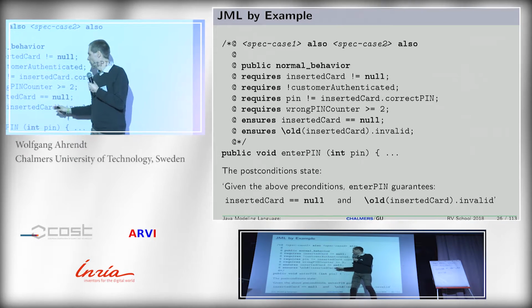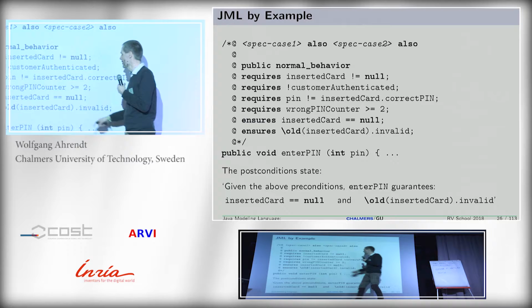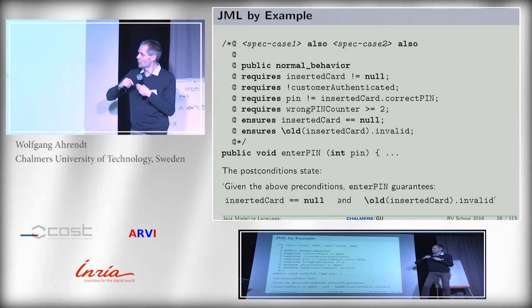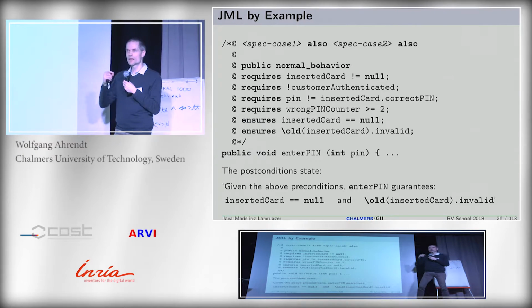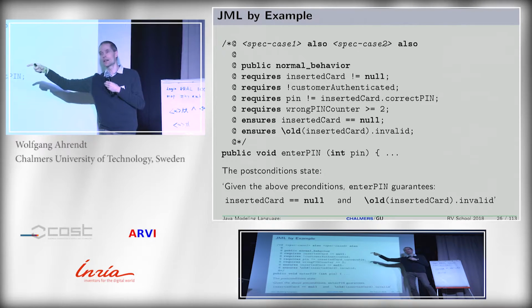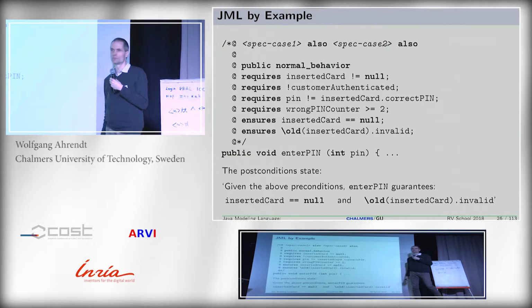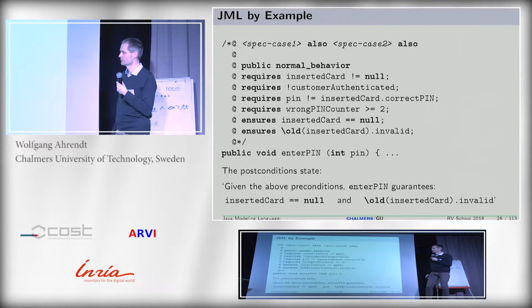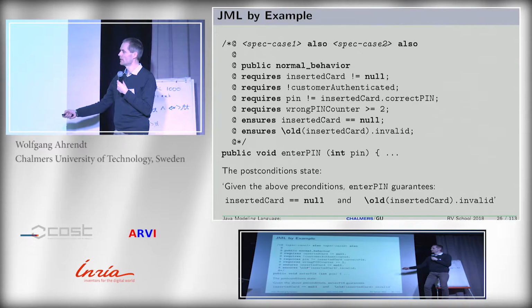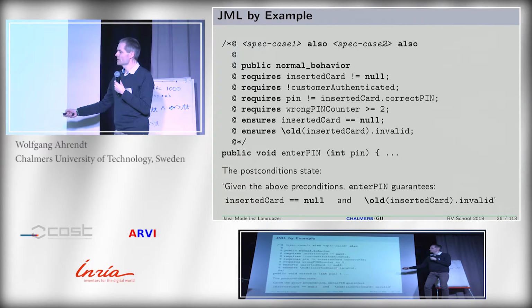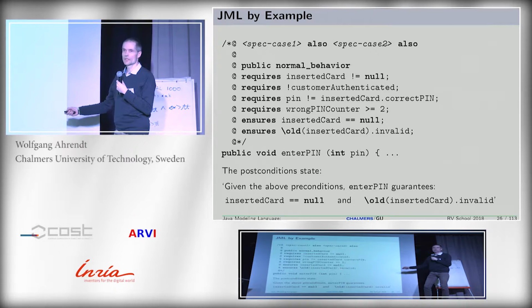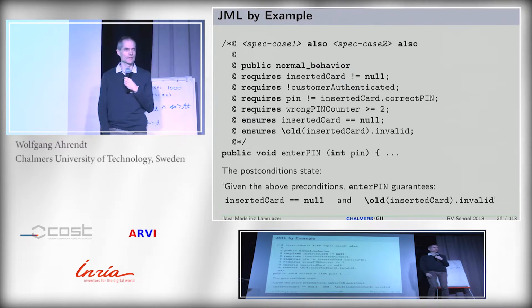So we say that the inserted card, which was linked before, that the invalid field of that card has to be true. Right? You see here I'm mixing evaluation in the pre-state with evaluation in the post-state in one expression. Yes?